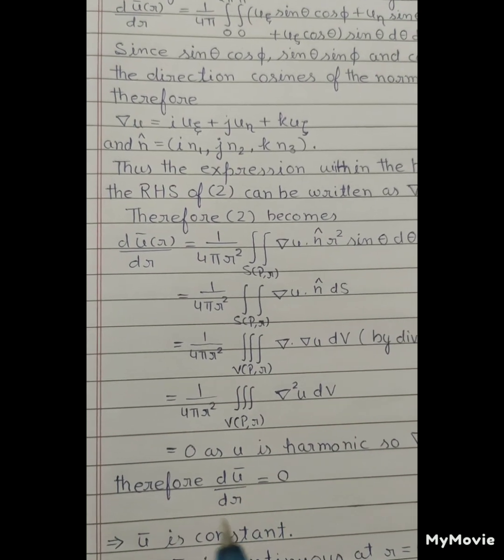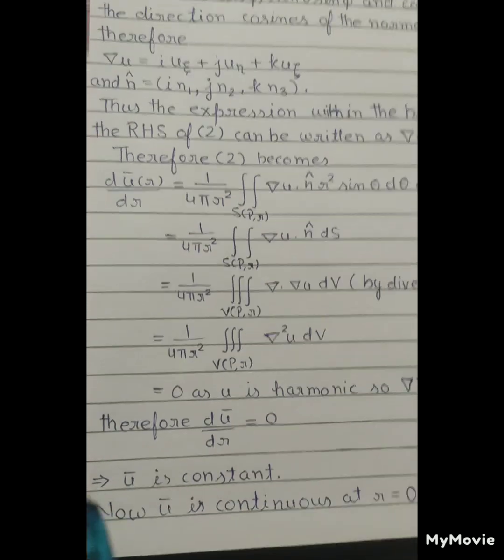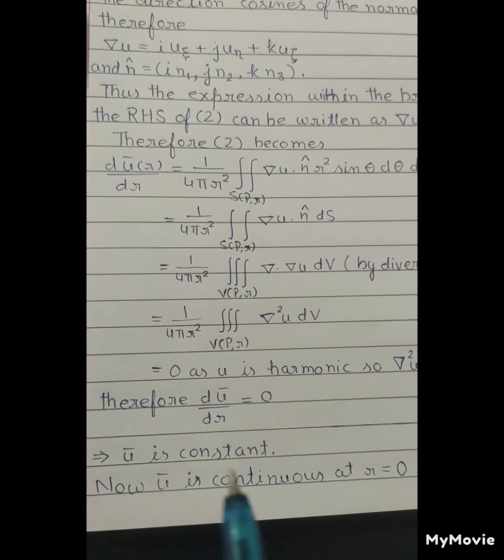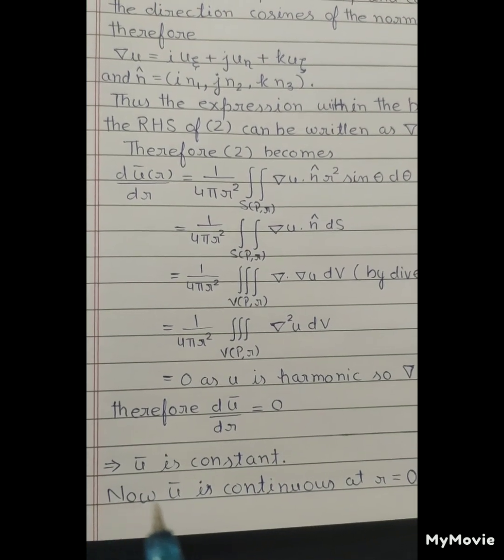Therefore, d U bar/dr equals 0, which implies U bar is a constant.